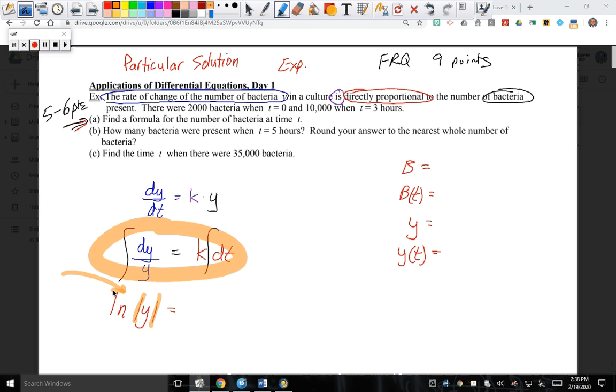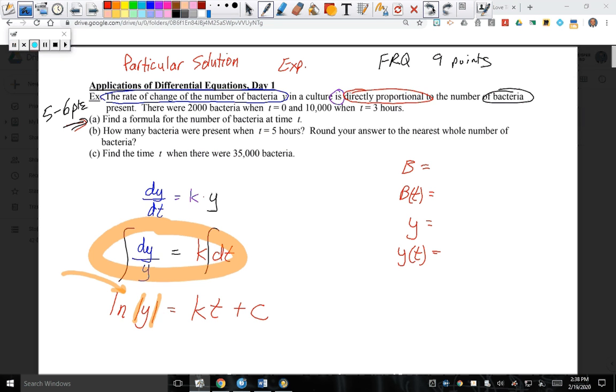Okay. What's the integral of the right side? kt. And then? Plus c. Yes, put the c with the t, okay? Yes, there's a c technically over here on the left side, but if I subtract it, no, it's not 0. It's still c, okay? But we're not going to write that over here on the left side. We don't need it.